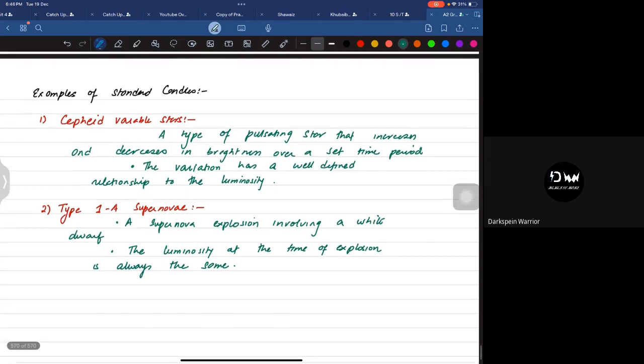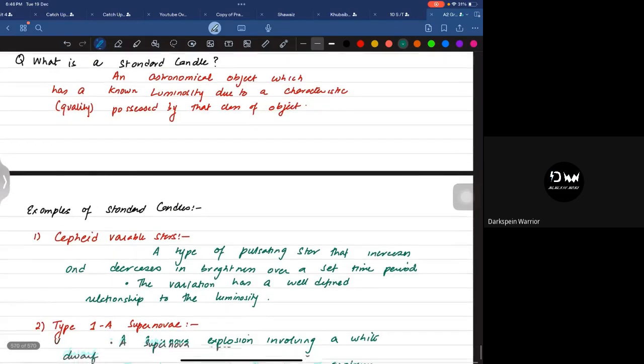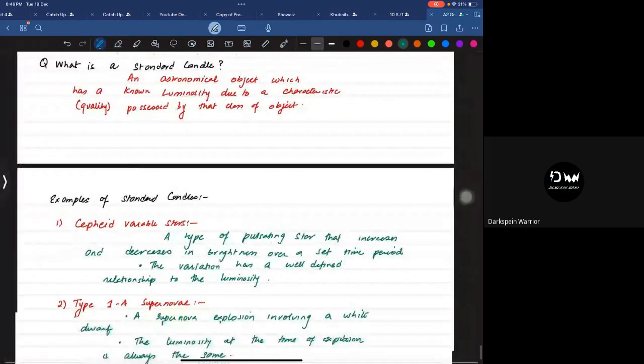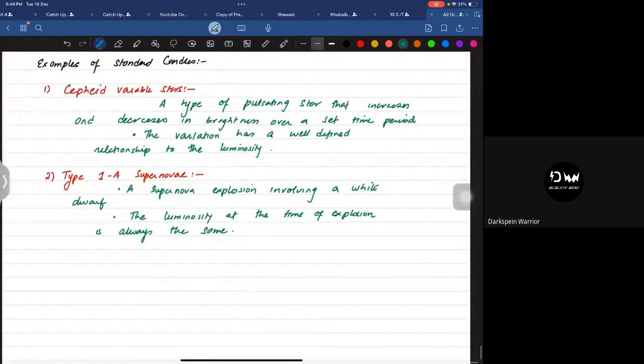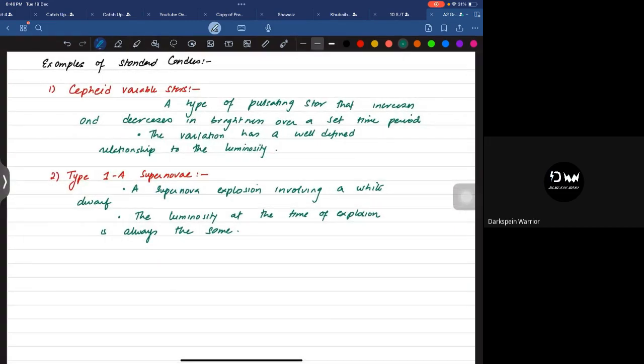Now, the first task we have is, when you find a standard candle, we can try to see what it would give us. Basically, standard candles are used to help us find large astronomical distances of distant stars, right? So that's why they're good at that.